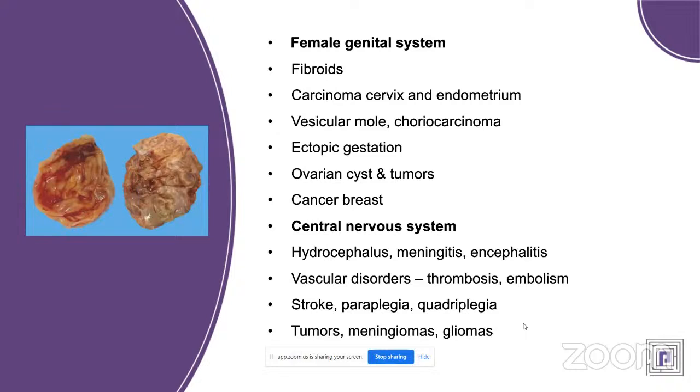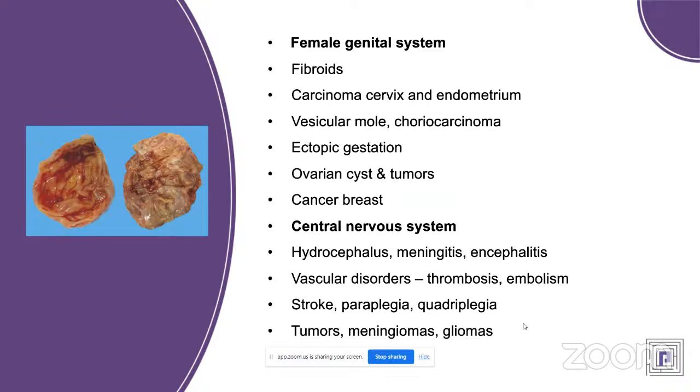In this system, we are going to discuss fibroids, which are the most common condition for which hysterectomies are being performed these days. Then carcinoma cervix and endometrium, vesicular mole, choriocarcinoma, ectopic gestation, ovarian cyst, and tumors. And finally, carcinoma breast is also discussed in this system itself.